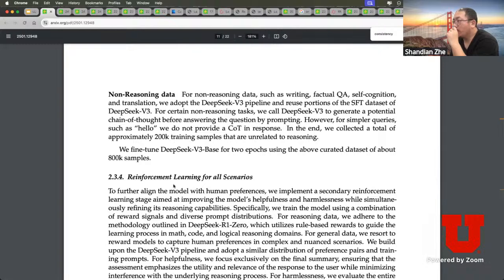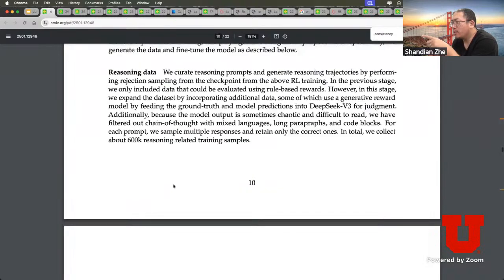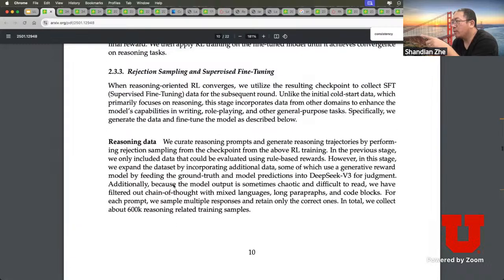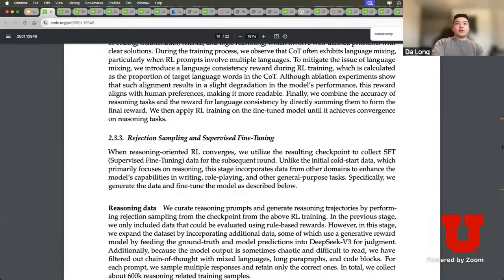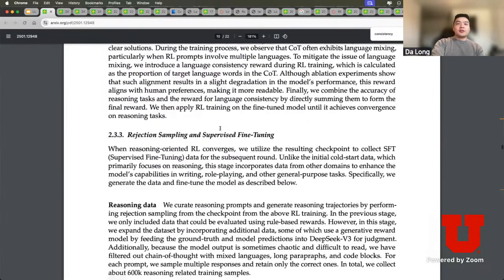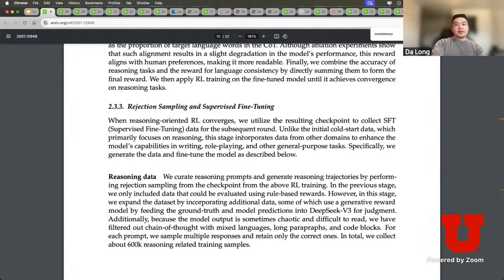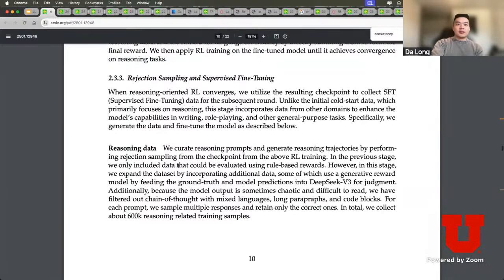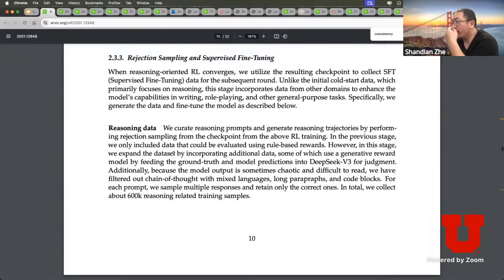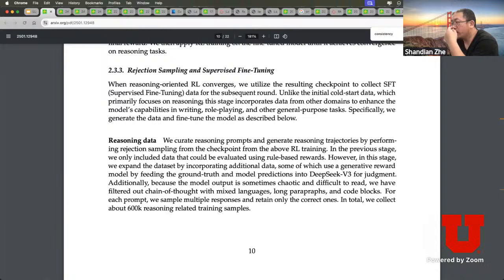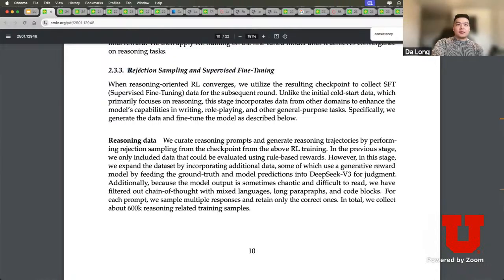Oh, one second. So how are these data sets collected? They're collected by prompting the current version, DeepSeek V3, right? Yeah, they prompt the fine-tuned and reinforcement-learned model, and then get the reasoning data and the non-reasoning data. But they need some annotators to make sure this is correct, right? Yeah, that's what they call reject sampling.